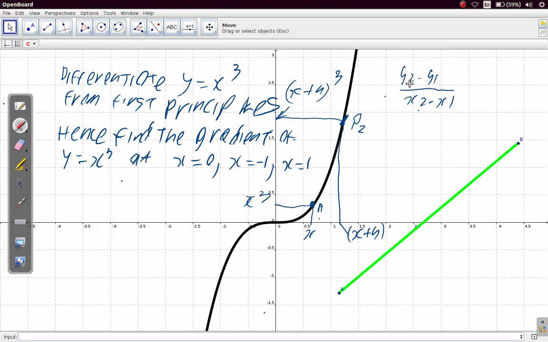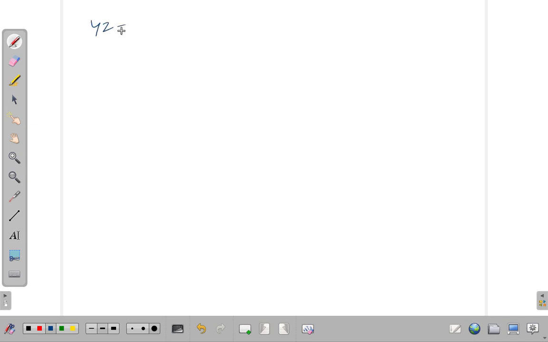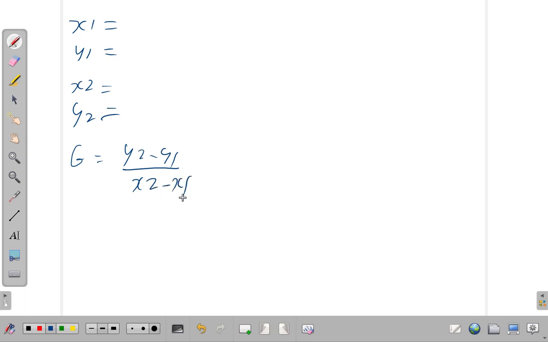So let's go. y2 would be x plus h cubed. So y2 is x plus h all cubed. Alright, let's do it this way. We want to find x1, y1, x2, y2, and the gradient is y2 minus y1 over x2 minus x1.